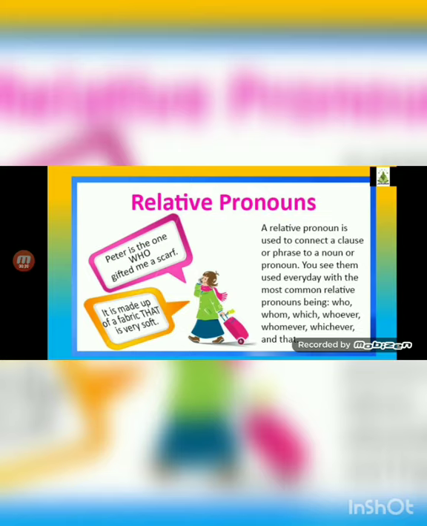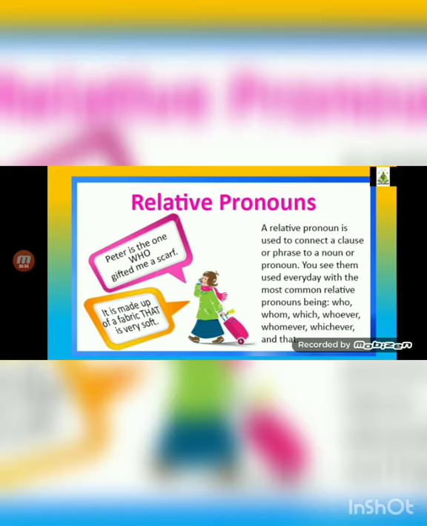Here, Peter is the one who gifted me a scarf. Now she is telling she has a scarf, and she is telling who has gifted the scarf. Now she's emphasizing that Peter has gifted the scarf. So Peter is the one who gifted me the scarf.